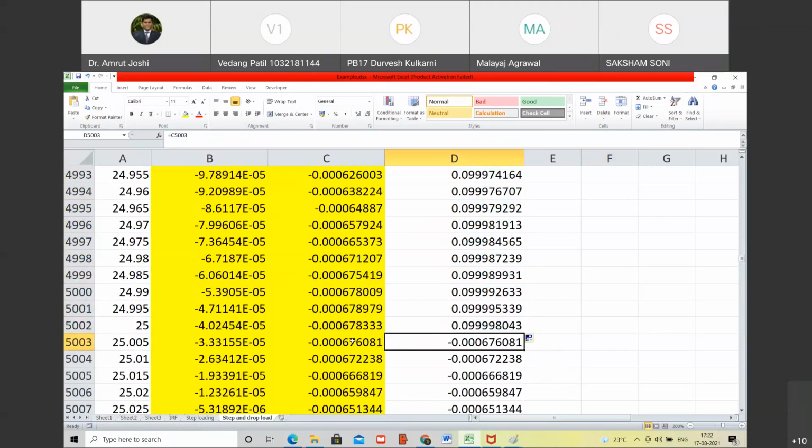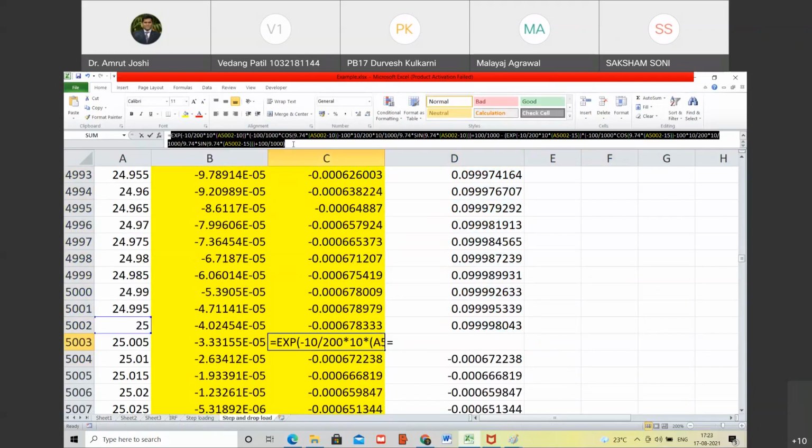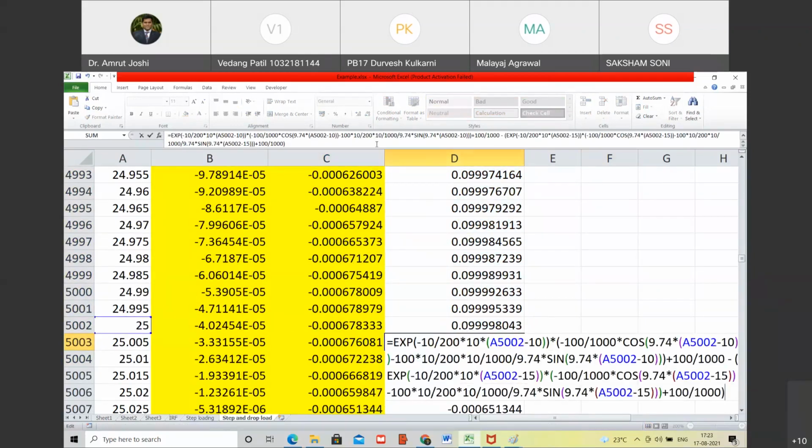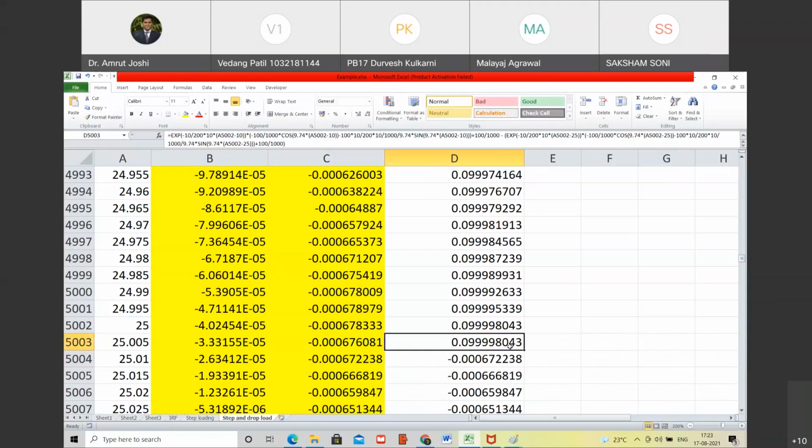And then from 25 seconds onwards, I'm going to use another formula, which is this formula itself, but I will now have to replace 15 by 25. Are you with me? Yes, sir. So in this formula, wherever there is 15, I am going to replace it by 25 because that is the value of T2 now. So 3 places I have done the replacement.